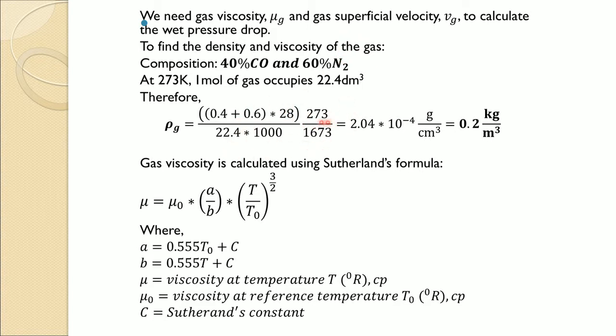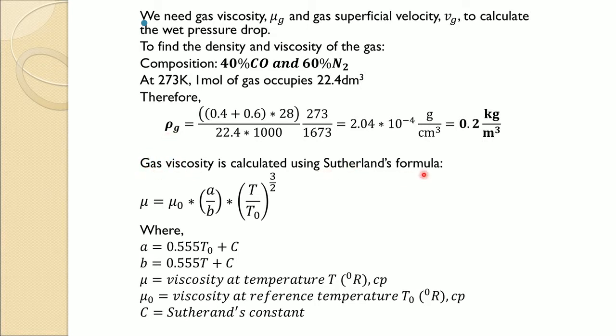And you know the 1400 degrees, 1673 degree Kelvin, your density of the gas comes to about 0.2 kg per meter cube at 1400 degrees Celsius. Then rho g is obtained.